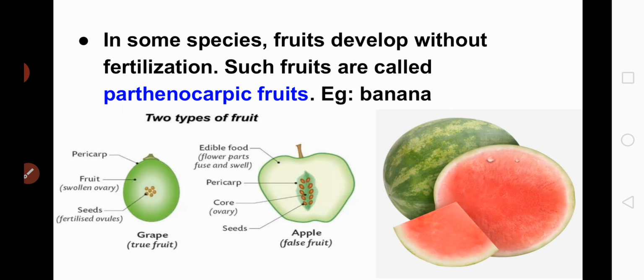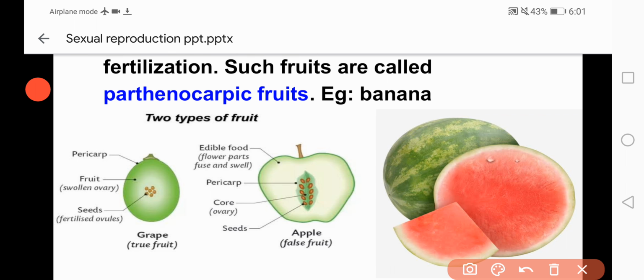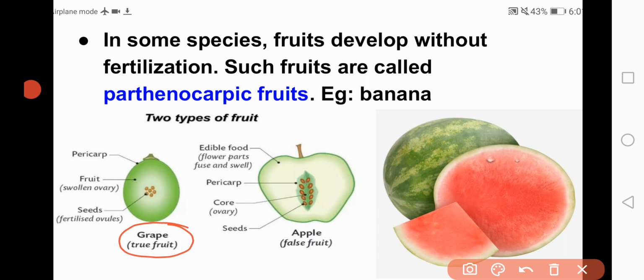So true fruit means in this fruit develops only from the ovary. For example in grape, so grape is an example for true fruit. So true fruit means if the fruit develops only from the ovary, okay, only from the ovary, then it is called as true fruit. Okay, whereas false fruit means here the fruit do not grow from the ovary.